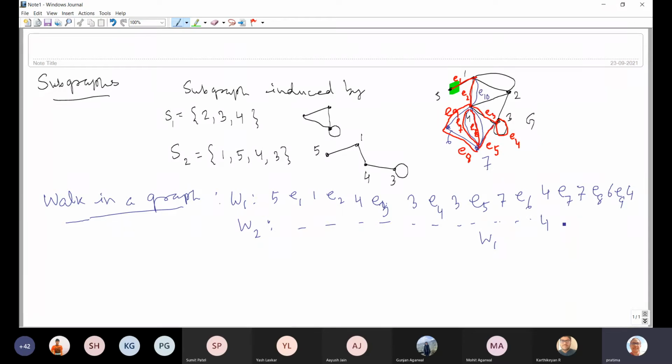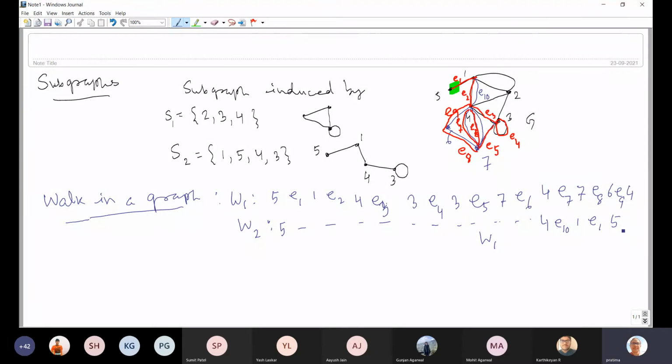I have taken E10, I have arrived at 1, then I have taken again E1 and I have arrived at vertex 5. So what happened is that for W2, the starting and ending vertices are the same.